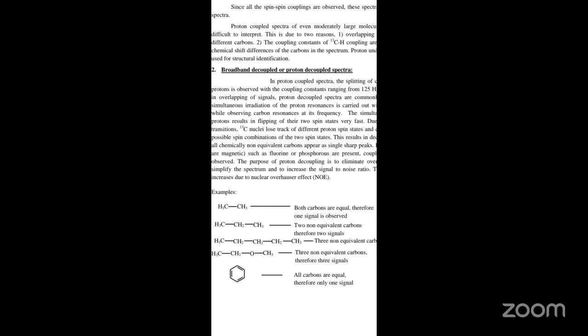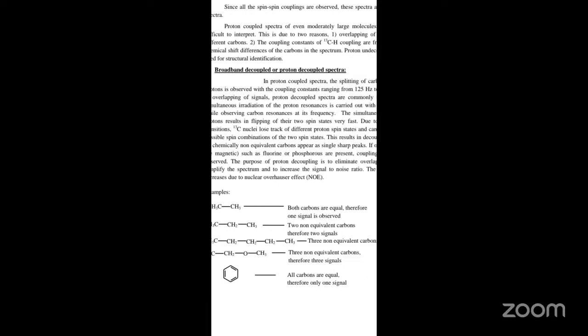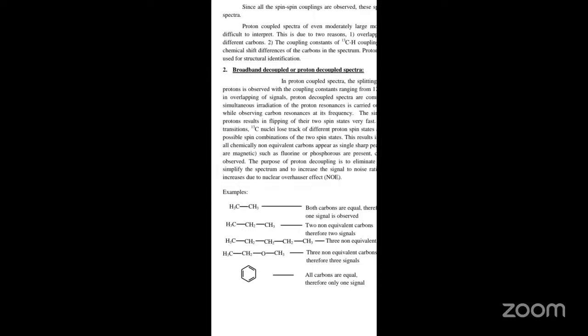Okay, and here you can see the ether. So this is methyl ethyl ether, where there are three non-equivalent carbons. Therefore, you get three signals with different multiplicity.